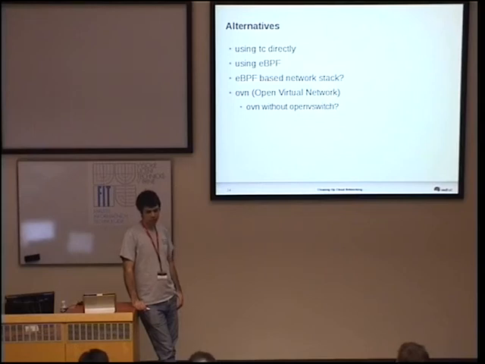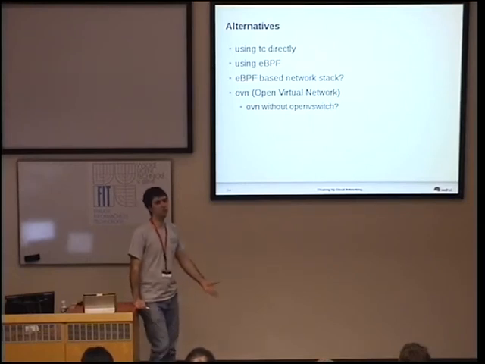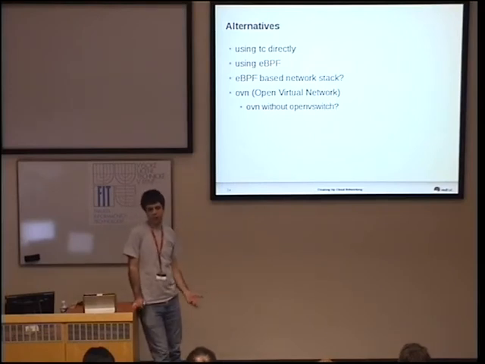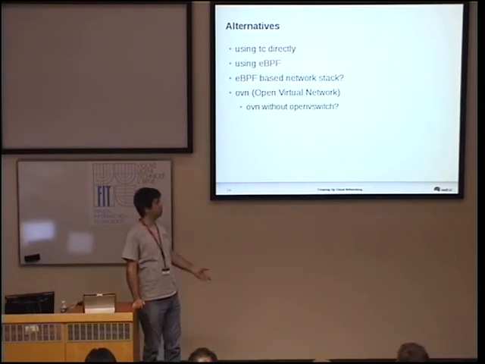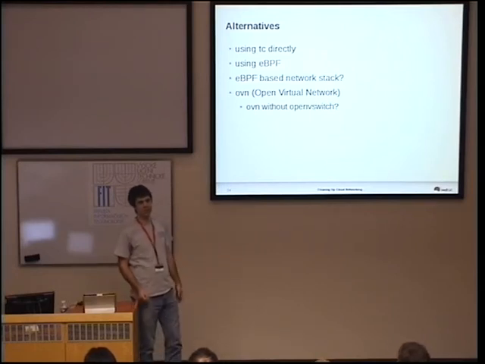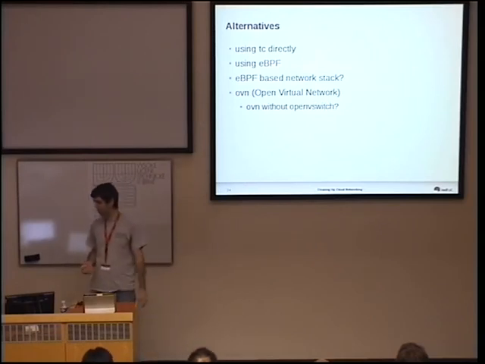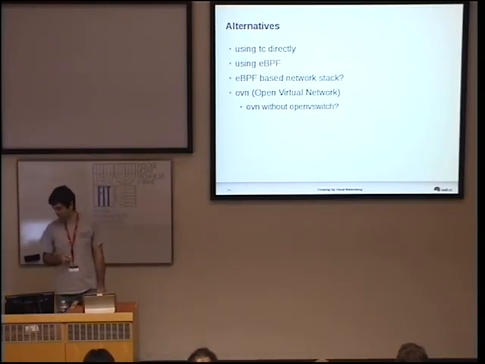It works with networks, and it's basically doing much of the stuff that Neutron and such is trying to do. So there's another option, using OVN, or perhaps implementing something like OVN but without OVS. We don't really need the OVS actually. So yeah.